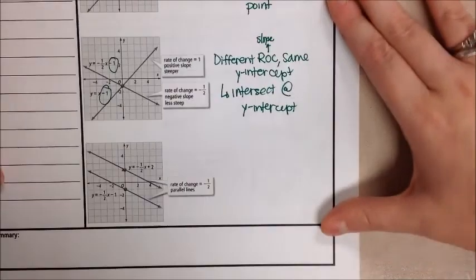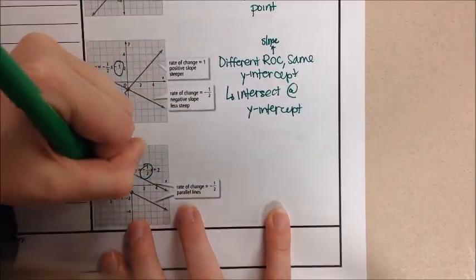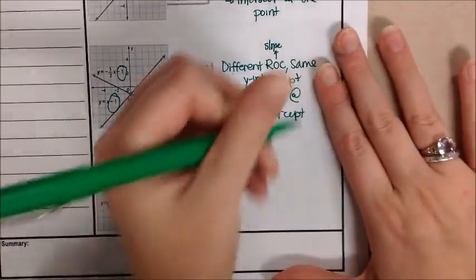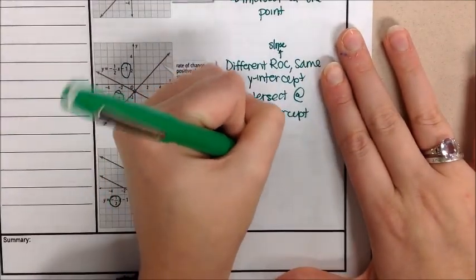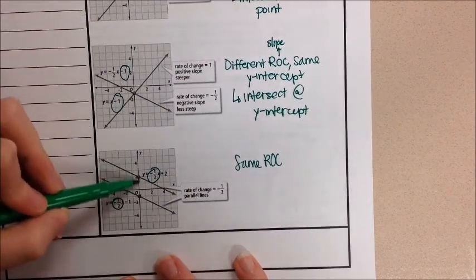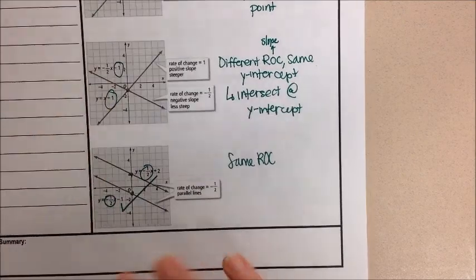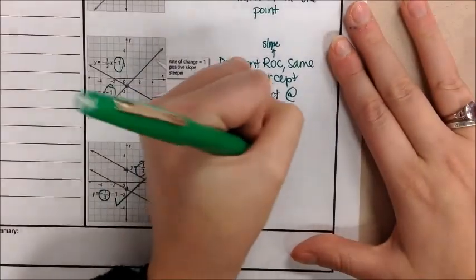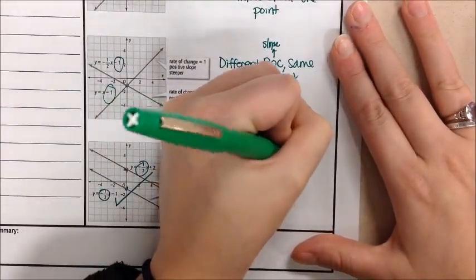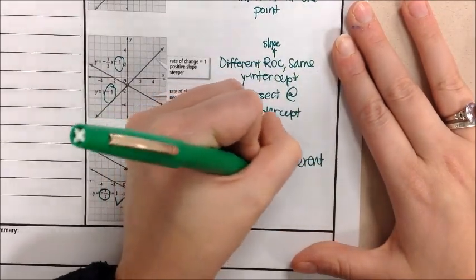Then I have this one down here. Do they have the same rate of change or a different rate of change? These ones actually have the same rate of change. Do they have the same y value or different y values? There's my y value, there's my y value. Those are different, so different y-intercept.